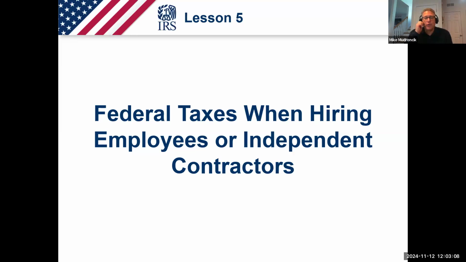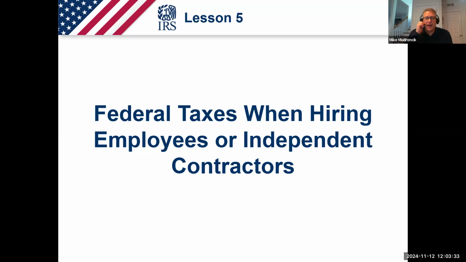So when we use the word federal taxes in this situation, what we're talking about is income tax. Income tax that you would be withholding from employees. Also, Medicare and Social Security tax that's being withheld from employee pay.